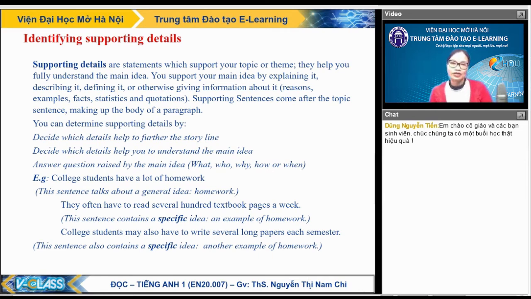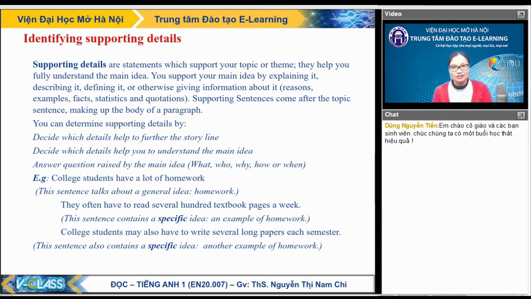So if you have learned how to write a paragraph, you know that in a paragraph, the first sentence is normally the topic sentence, and the sentences below are called supporting sentences, which play an important part in explaining and clarifying the meaning of the topic sentence.